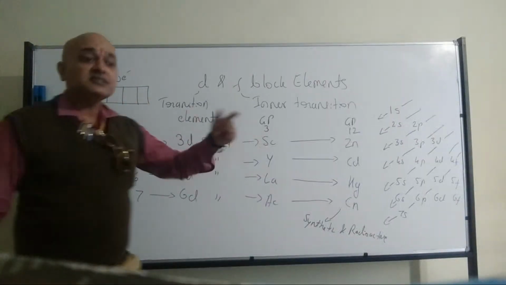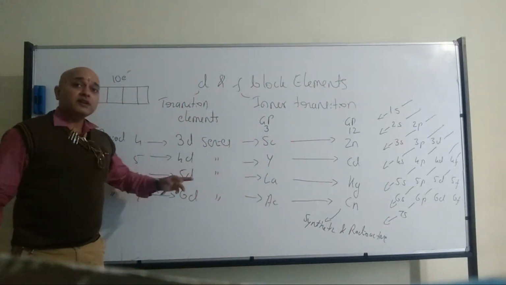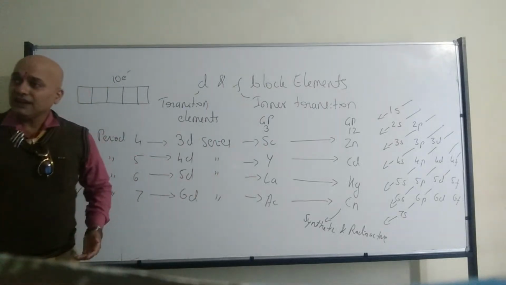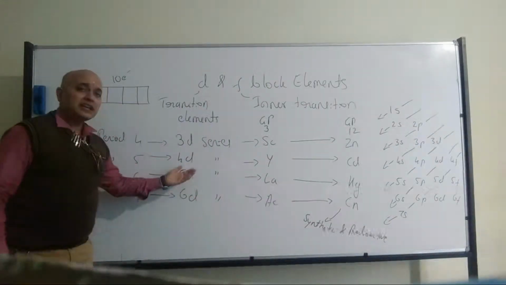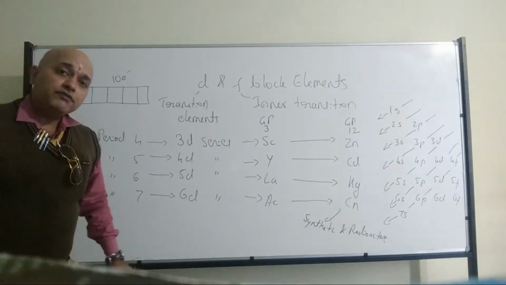Because the 3d subshell is getting filled up. Why are they called the 4d series? Because the 4d subshell is getting filled up. That is applicable even for 5d and 6d.